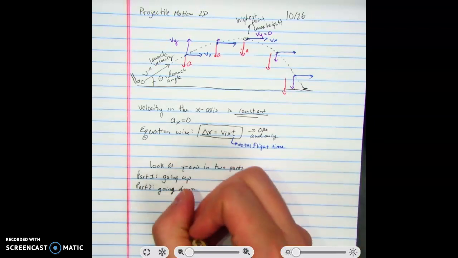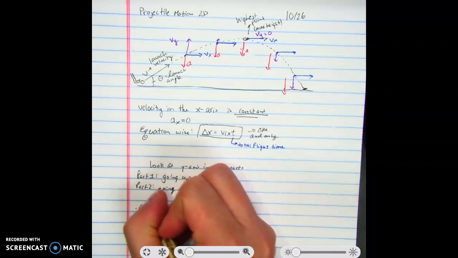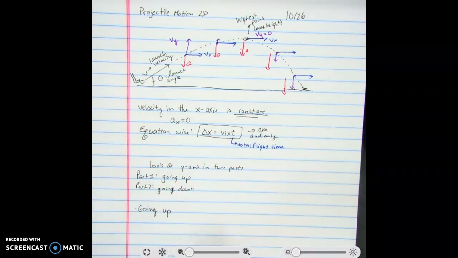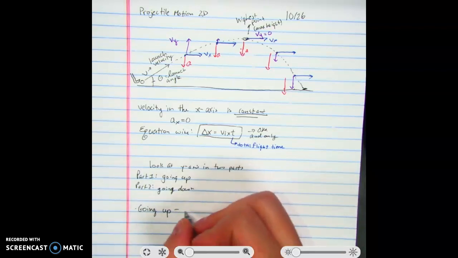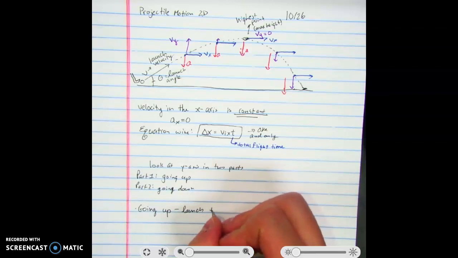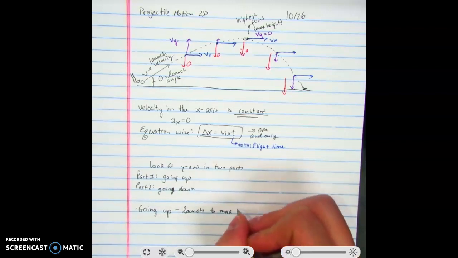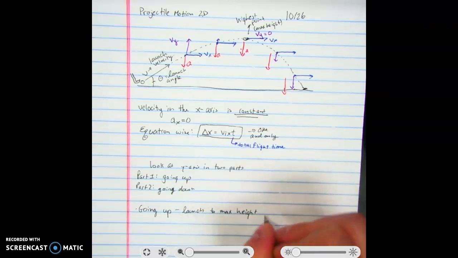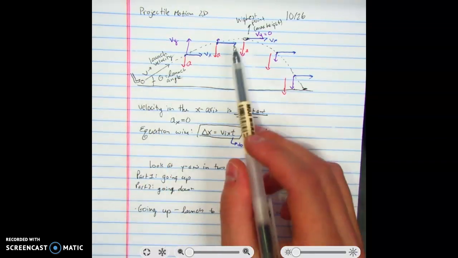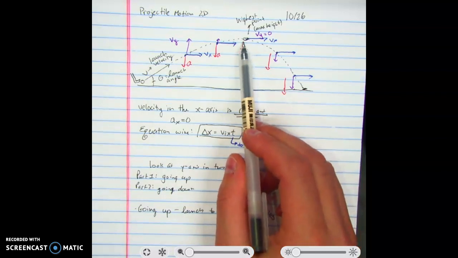Okay, so for going up, what I mean by that is when I look from launch to max height. So velocity final y equals 0. Okay? So for going up, we're looking from here to here, and then that should make sense for the going down.